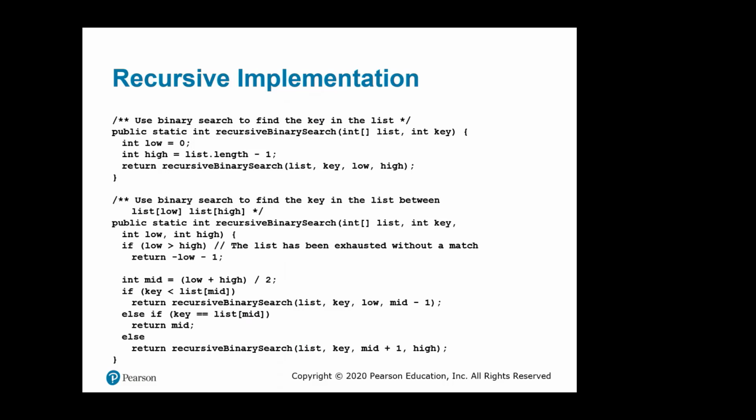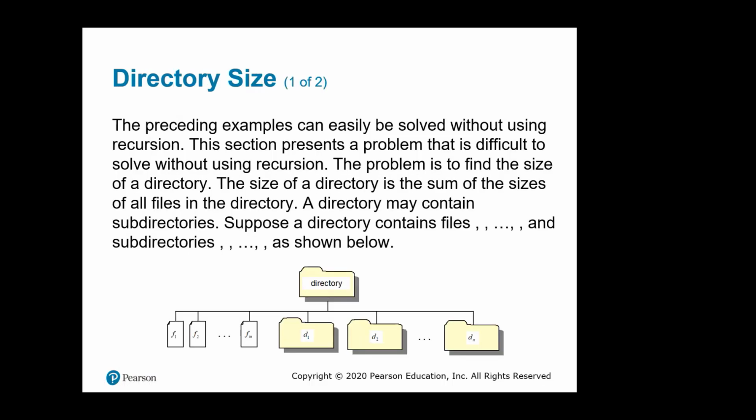If the key is middle, then we return that the key is found. Otherwise, that is the condition when the key is greater than the middle value. We call recursive binary search on the list, again passing the key, and now we look in the remaining half, which is middle + 1 to high. So in that range, we are going to look.